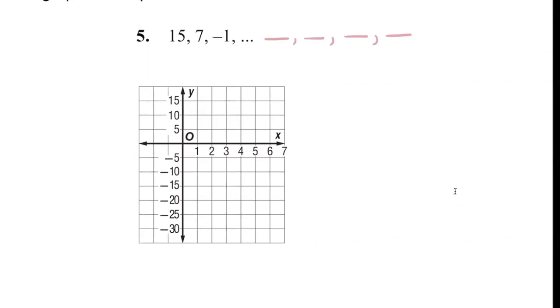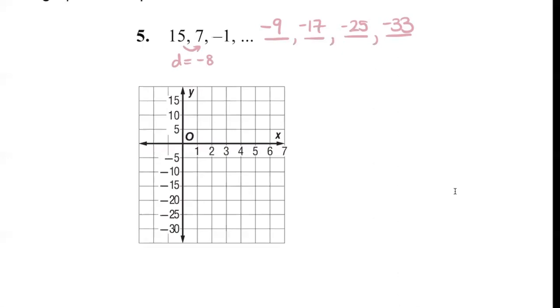Good, Michael Y. Good, Liam. Sweet. You guys are crushing this. Good job. All right. So, yes, everybody that put in the chat, you got it. -9, -17, -25, and -33. All right, we had a common difference of -8.